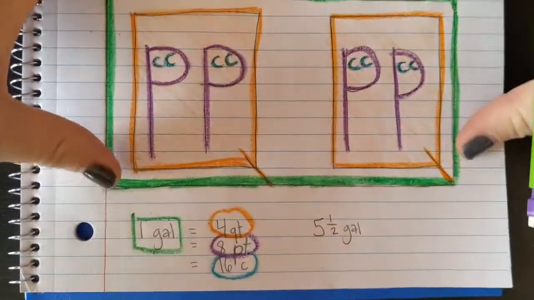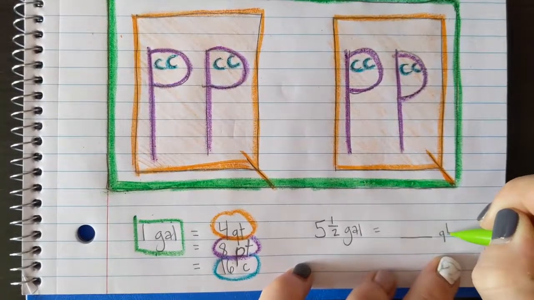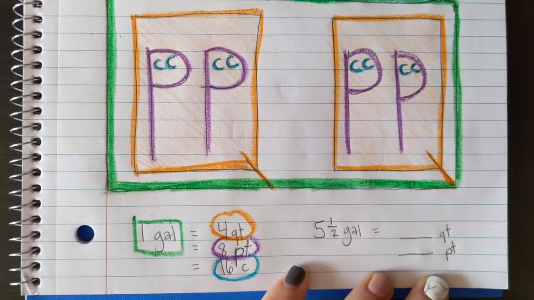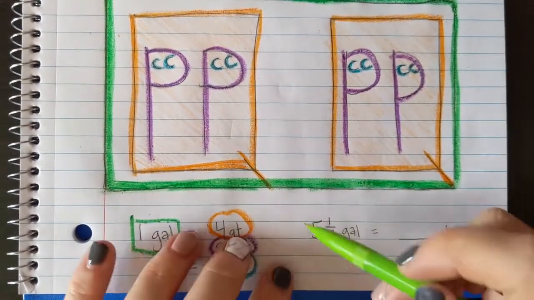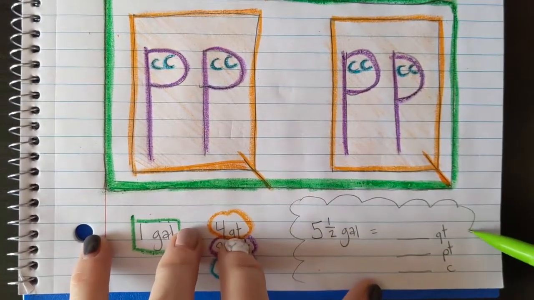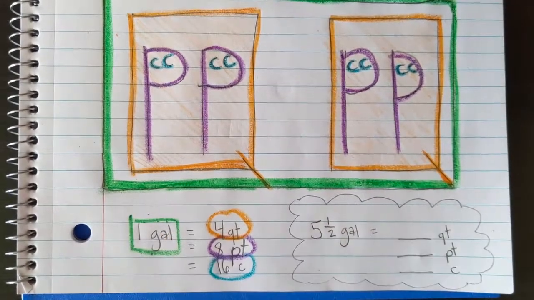I have 5.5 whole gallons. I want you to be able to tell me how many quarts that is, how many pints that is, and how many cups that is. That is your challenge to figure out. See if you can do it on your own right now, and join me in the next video to find out the answers.